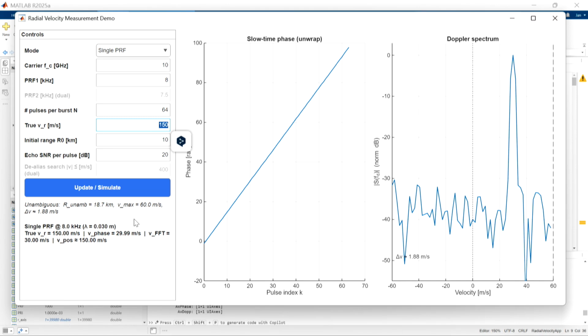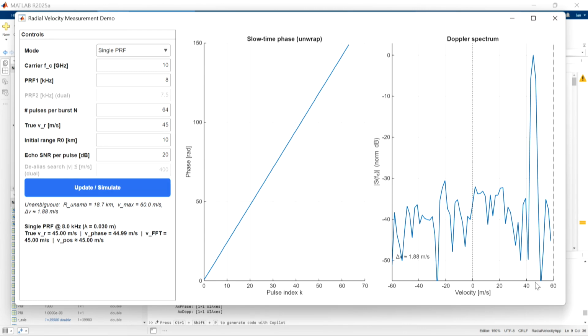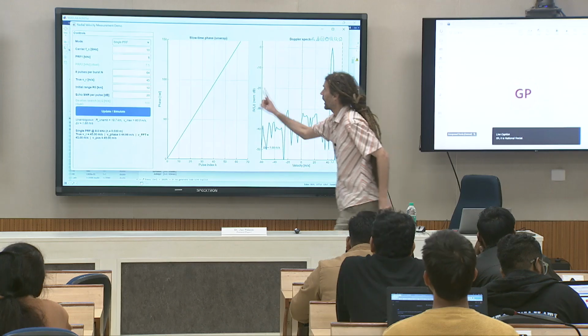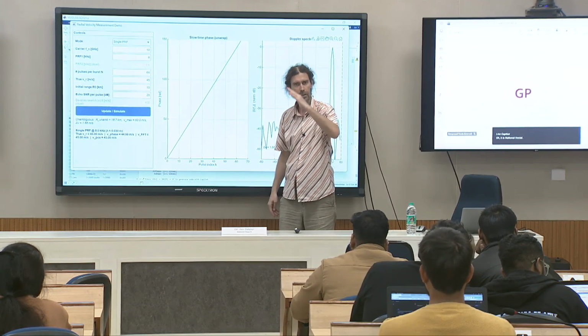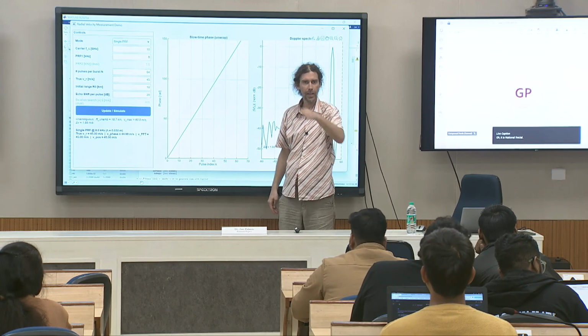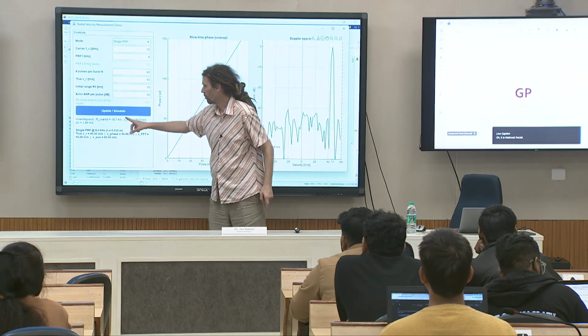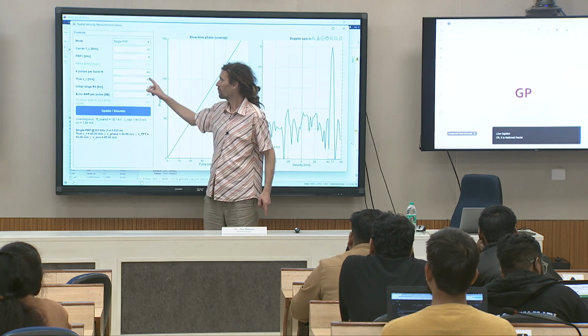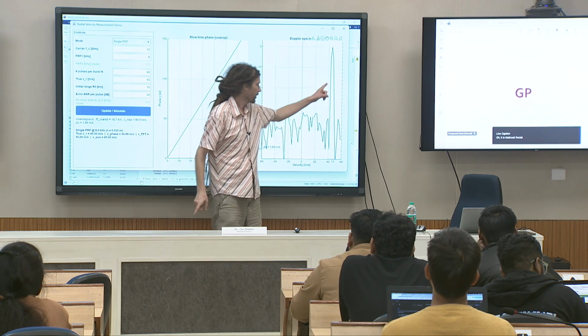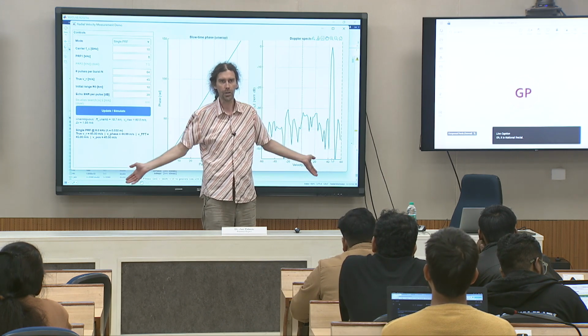If we put 45, you can see I am inside the region, and check the slow time phase. It is linear, without any problem. So the maximal recognition speed is 60 meters per second, my speed is 45, and identification of speed 45 works.